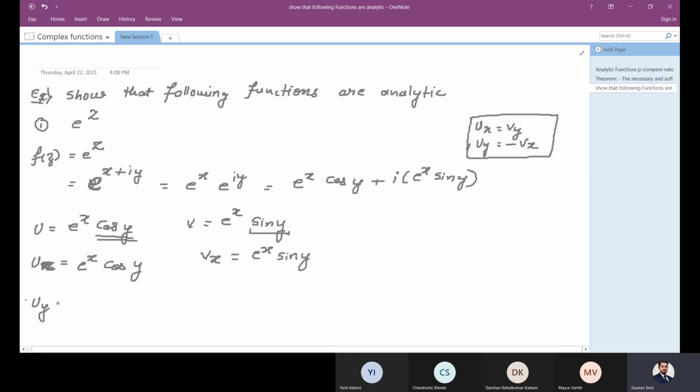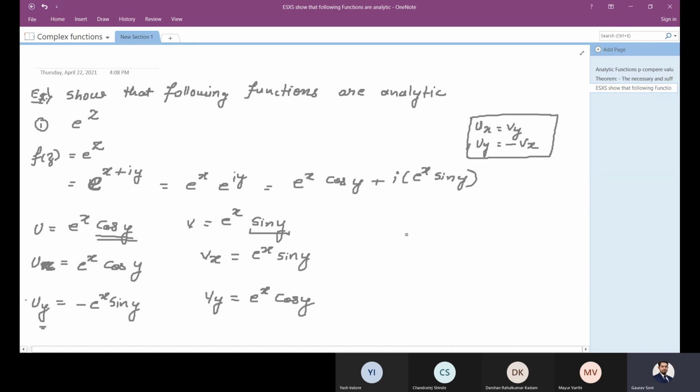What is uy? When I take the derivative with respect to y, x becomes constant, so uy is minus e raised to x sin y. What is vy? Derivative of v with respect to y: e raised to x cos y.